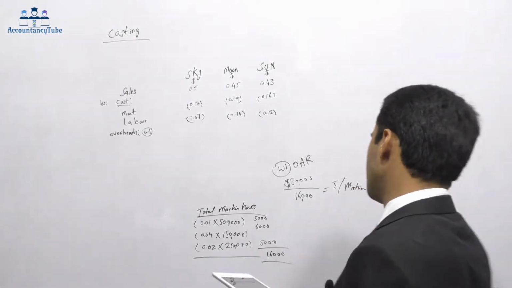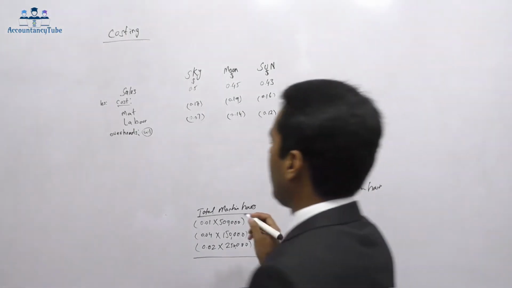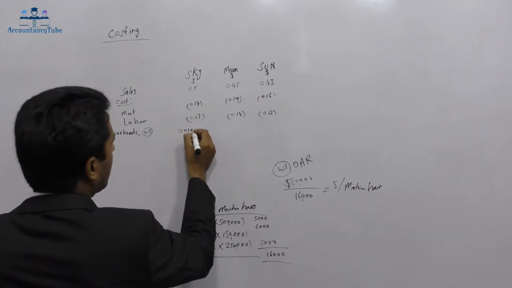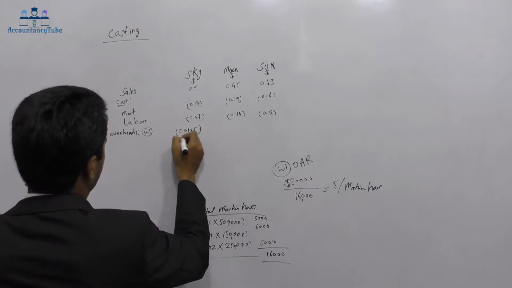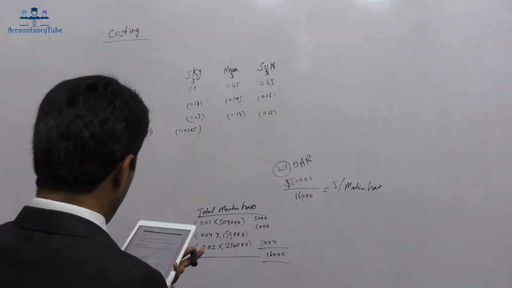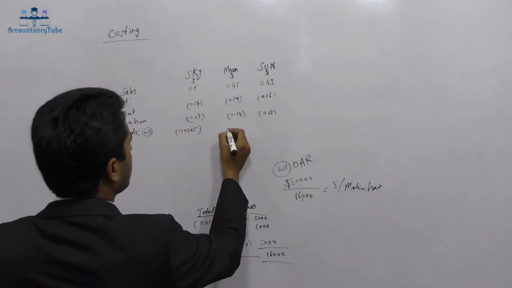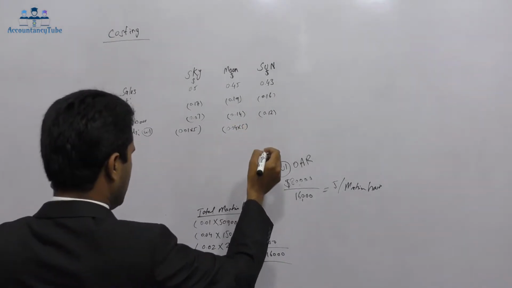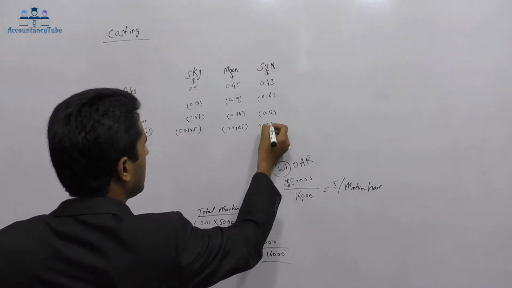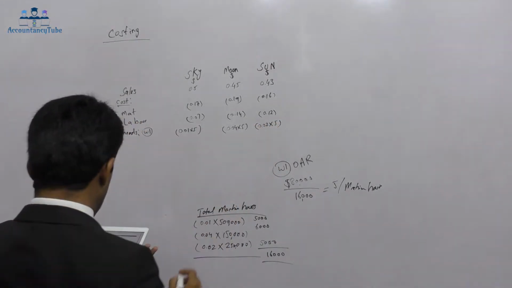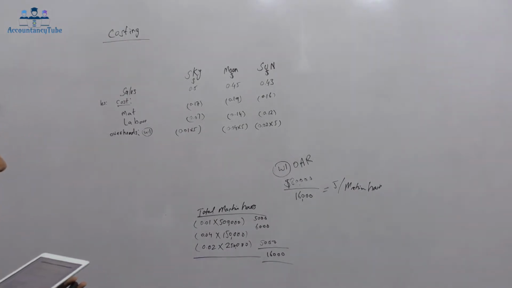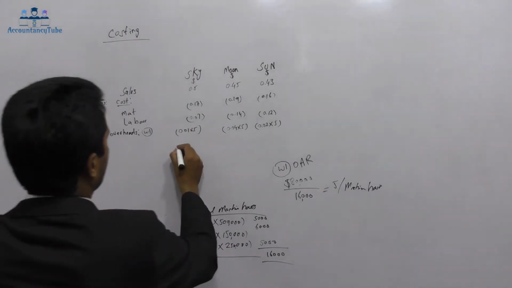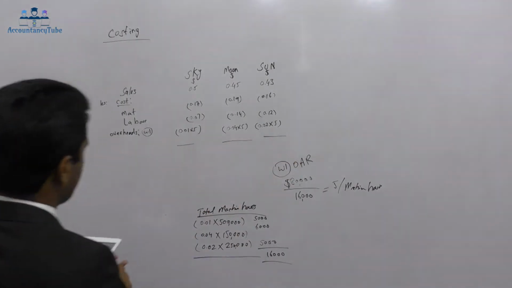So 0.01 into 5, that is our overheads. Then 0.04 into 5, that's for Moneg, and 0.02 into 5, that's for our Sunbar. Right, so that is the cost of our overheads. Now we can take the profit now if we want. That will be our profit.